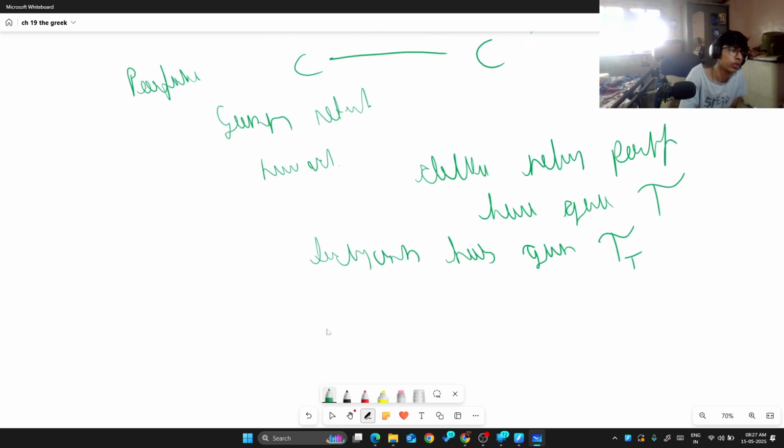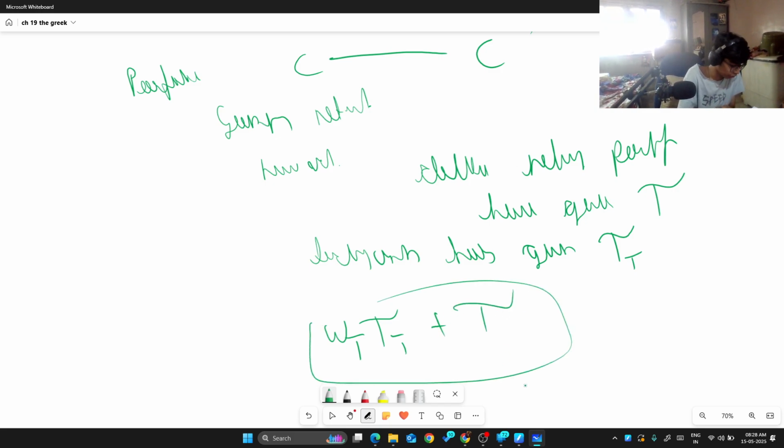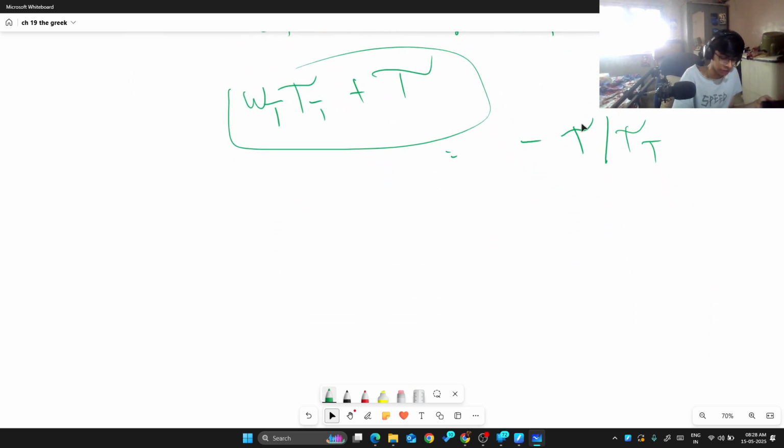Our portfolio total gamma would be the weight of the traded option times gamma t plus the portfolio gamma, and to make our portfolio gamma neutral, the position we have to buy or sell is minus gamma upon gamma t. In this way we can make our portfolio gamma neutral for a short period of time.